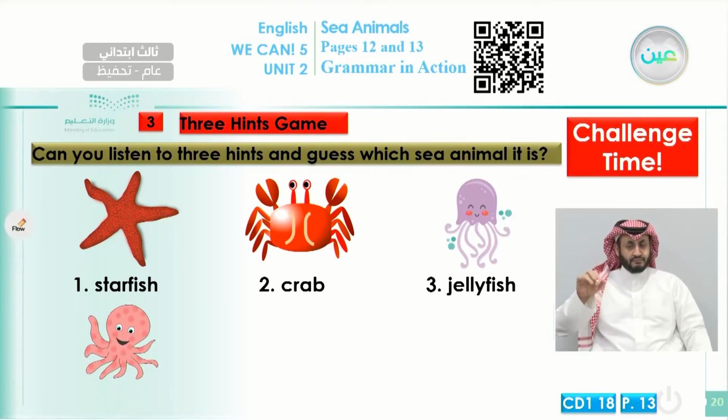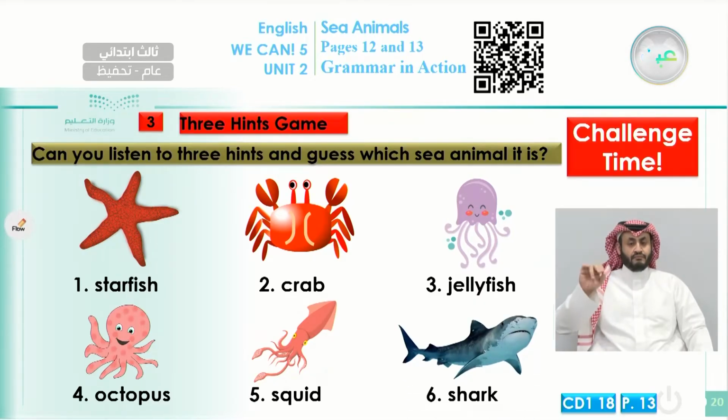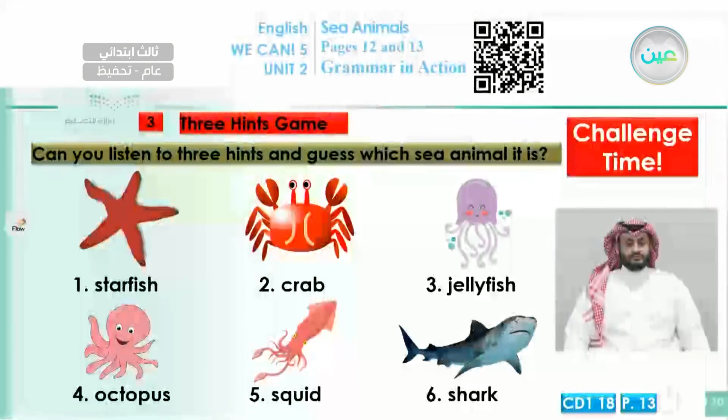The fourth one here we call it octopus, and the fifth one we call it squid. This is a squid, and the last one here is a shark. What are the hints that will help us decide which one is meant by these pieces of information that are given? Let's listen and find out.